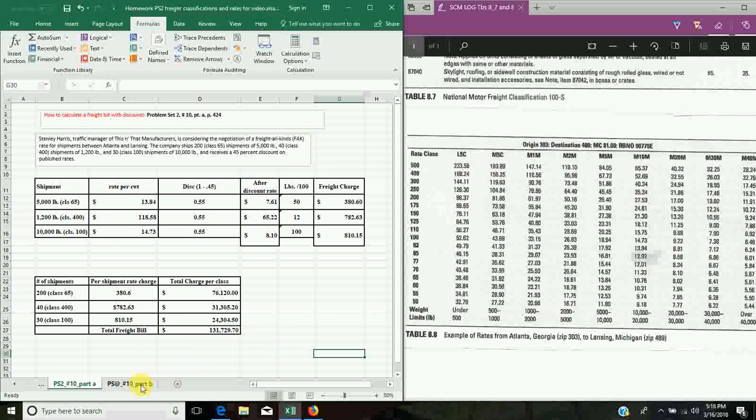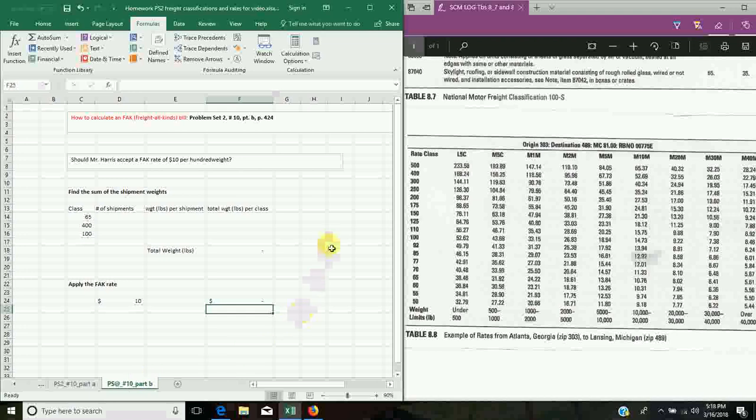So I'm going to skip over here, and we have to answer the question. Part B of question 10 is should Mr. Harris accept a freight all kinds rate of $10 per hundredweight?